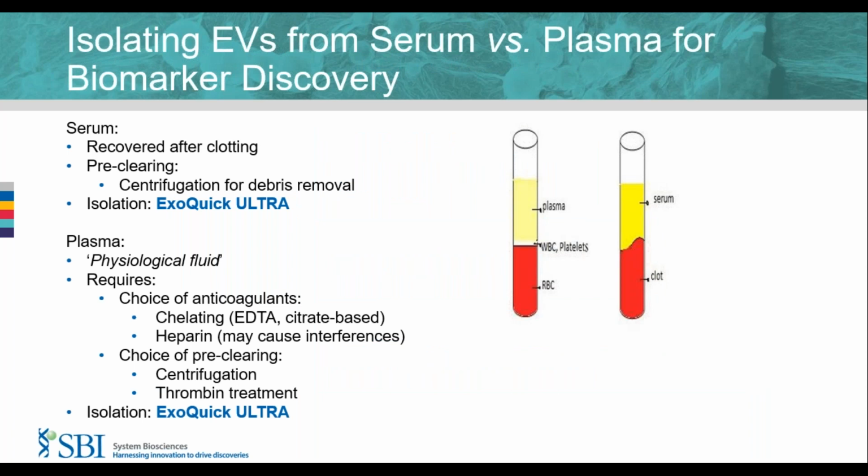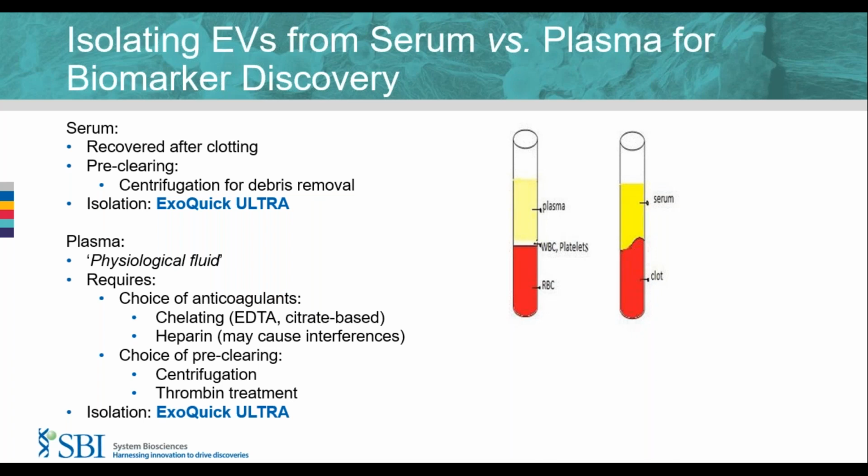So regarding isolation, there are different methods that one can use, but regardless of the method of choice, whether it's ultracentrifugation, precipitation, or size exclusion chromatography, the pre-treatment of the sample, of the serum or plasma, is very important. The main difference between serum and plasma is that plasma is normally considered a more physiological fluid because there is no coagulation induction.